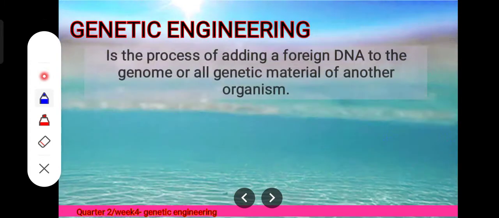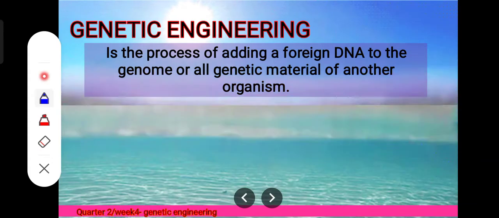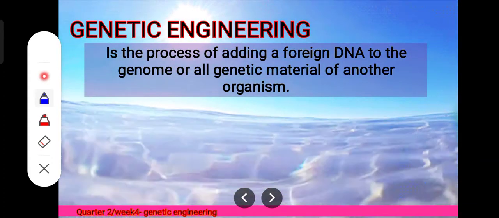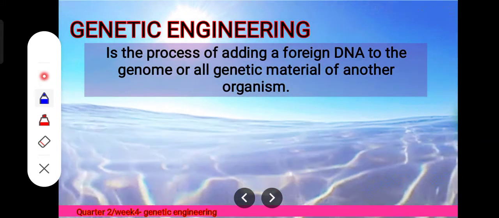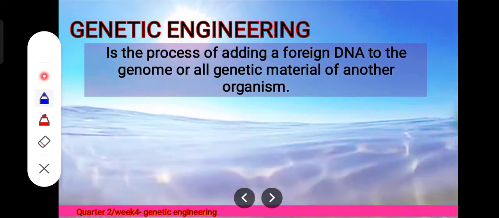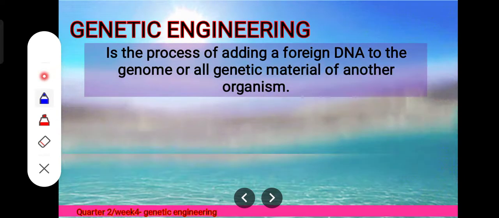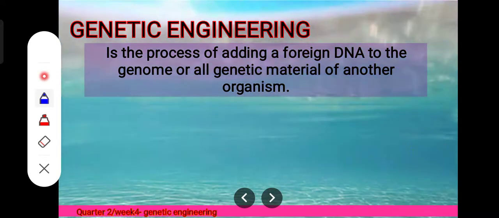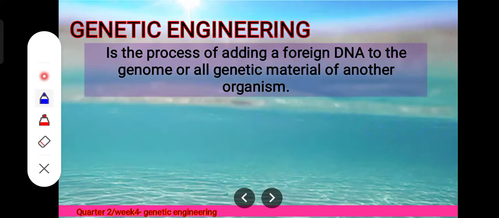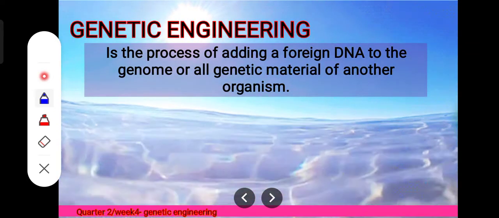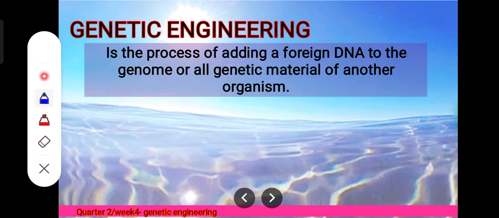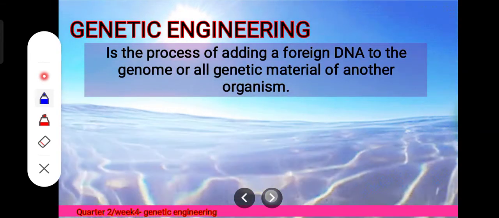Genetic engineering is a process of adding a parent DNA to the genome, or all genetic material, of another organism. It is not natural. There is scientific intervention, meaning the genetic material of an organism is modified because you want to modify something out of that organism.